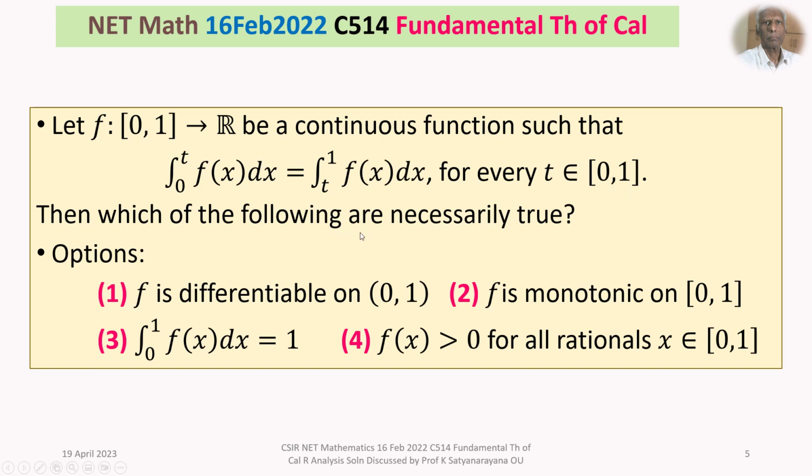Then, which of the following are necessarily true? From among these four options, which of them are true? We have to prove what are necessarily true from among these four options.